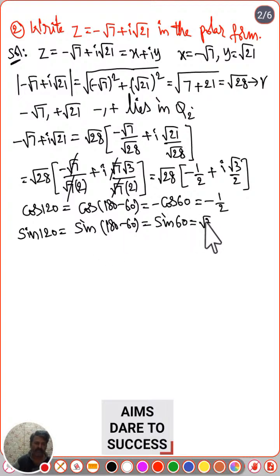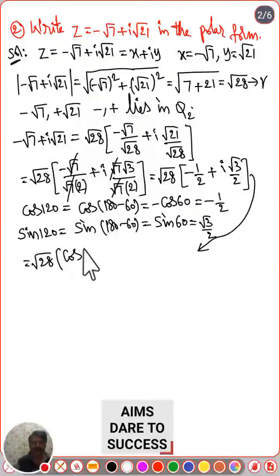Sin 60 value is root 3 by 2. Okay, so for this step we will continue. This is root 28 into minus 1 by 2, which is cos 120, plus i into root 3 by 2, which is sin 120. Okay, this is the polar form.